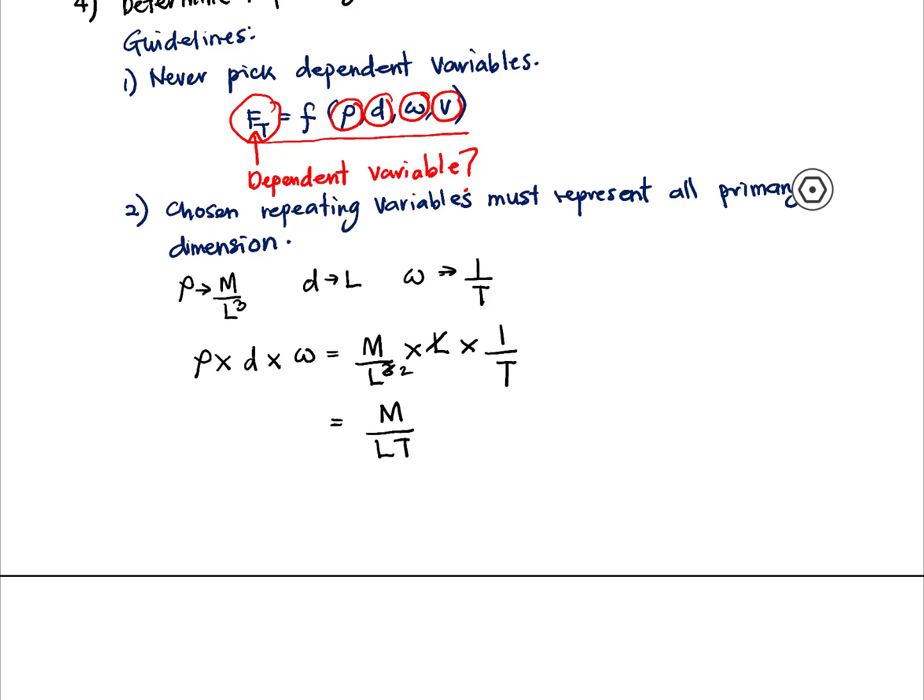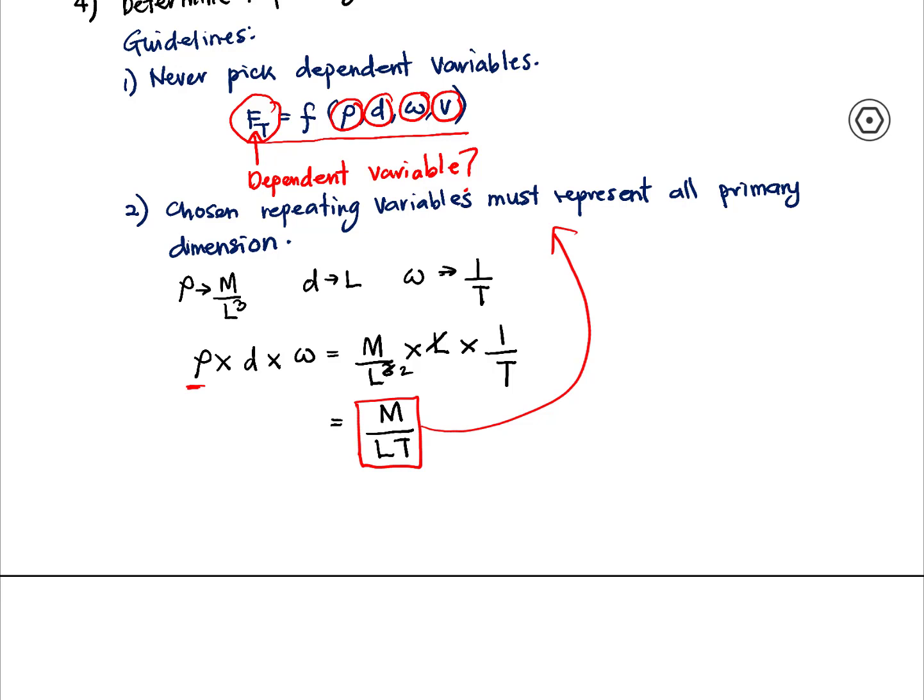So this is what point number 2 is all about. Chosen repeating variables must represent all primary dimensions. It does not necessarily mean one parameter represents all primary dimensions.